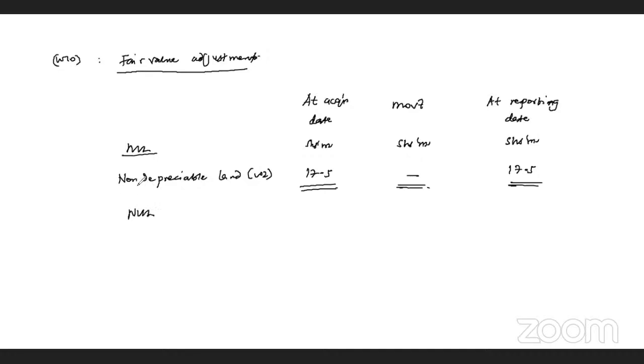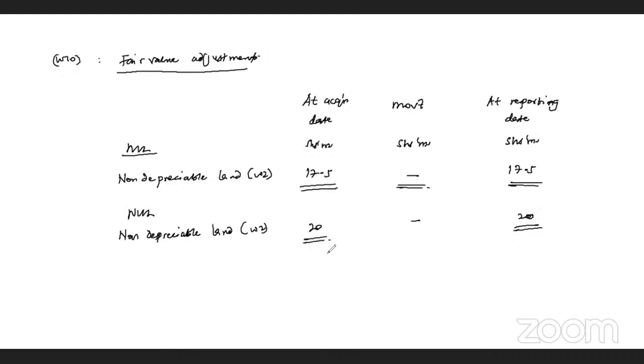Still, it is also a non-depreciable land. Still working two. And the fair value adjustment, the excess here was 20. Land does not depreciate, so the movement is still nil.